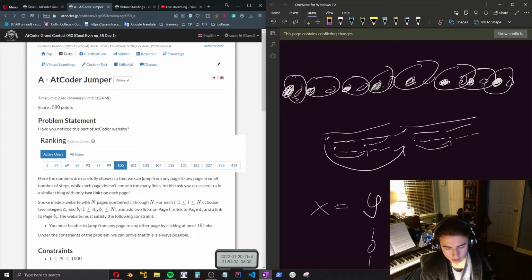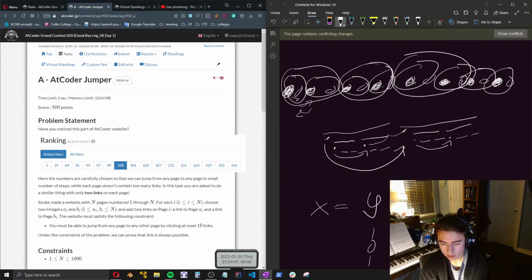So let's say you connect their middle ones to each other, like this. Now these ones still have their middle ones open, so you connect them to each other.